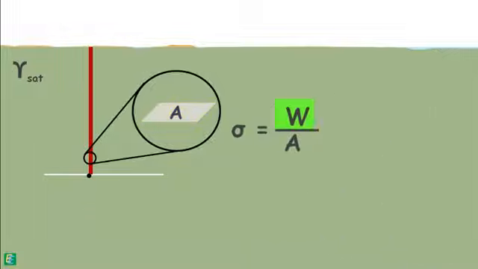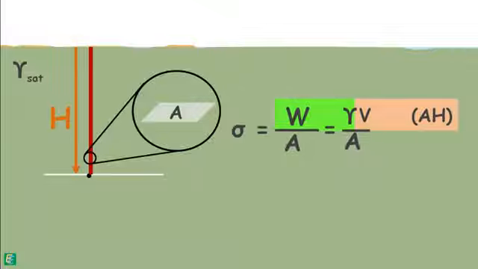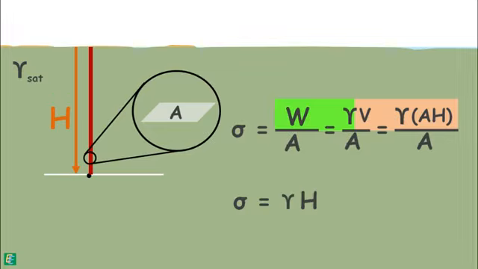So, weight of the soil above this point will be the unit weight of soil multiplied by the volume of the soil, which is the area multiplied by its height. It can be simplified to this. In our case, we have taken unit weight of soil as saturated unit weight.